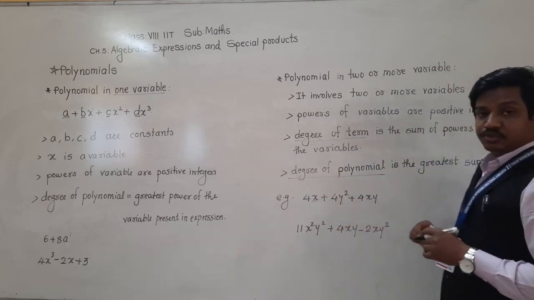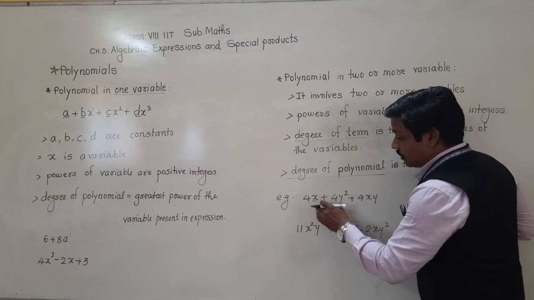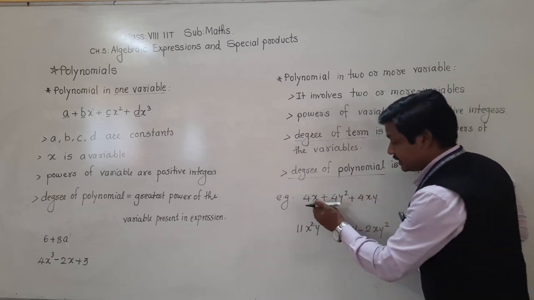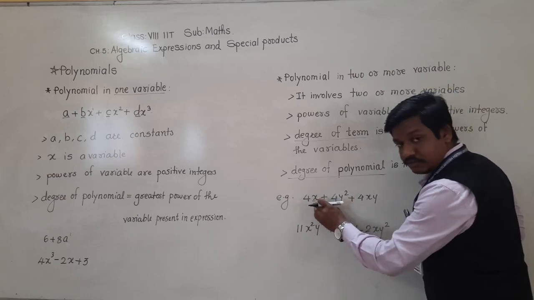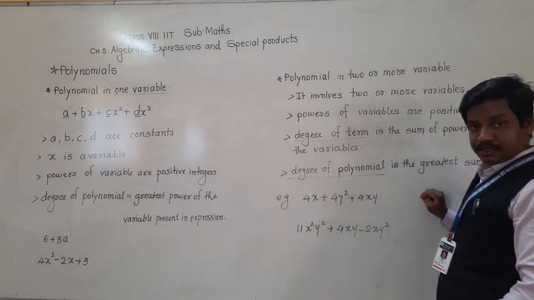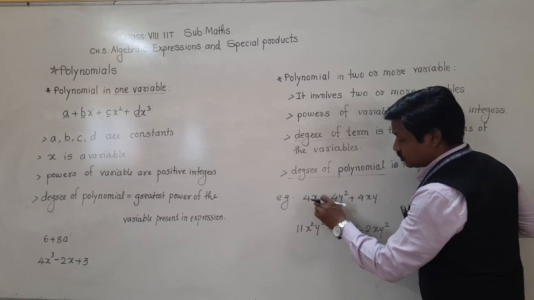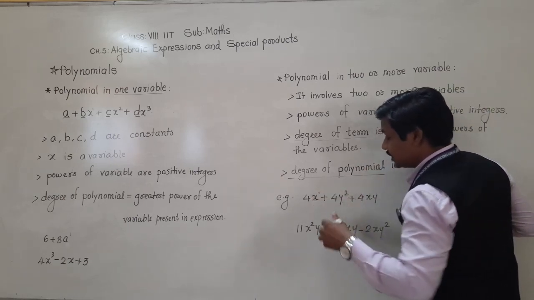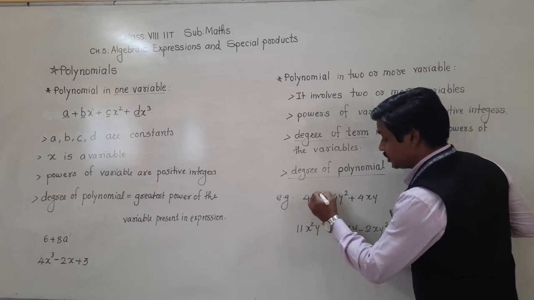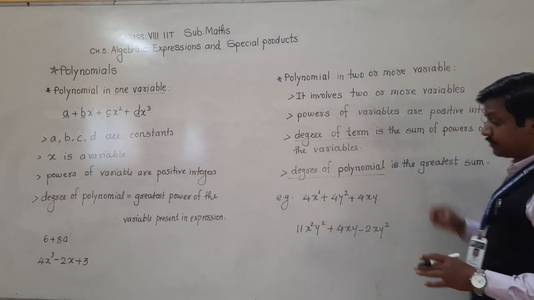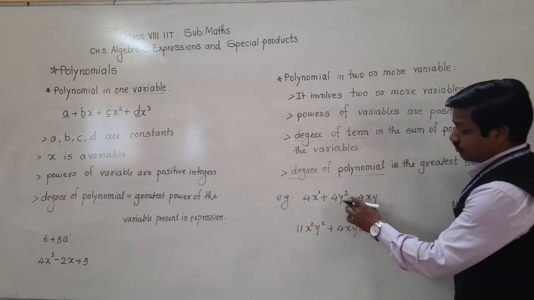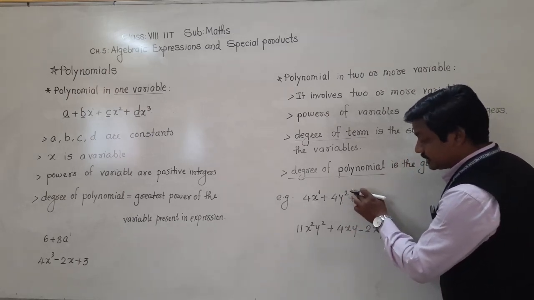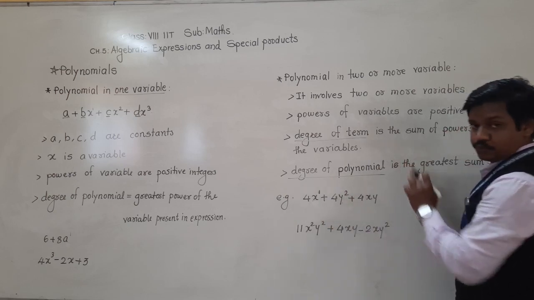The degree of each term is the sum of the powers of the variables present in that term. In the first term there is only one variable x, with power 1, so the degree of this term is 1. In the second term the variable is y, with power 2, so the degree of this term is 2.